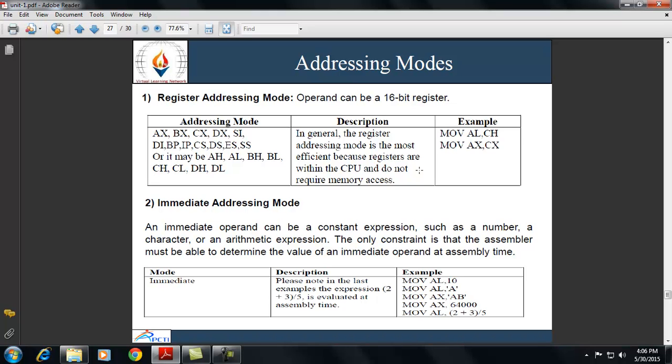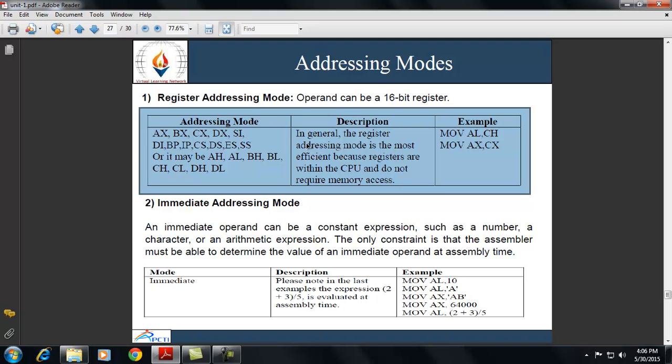Now, the addressing modes of 8086 can be direct addressing, register direct, based, indexed or based indexed. In the register addressing mode, the operand can be a 16-bit register, such as AX, BX, CX, DX, any of the available registers.